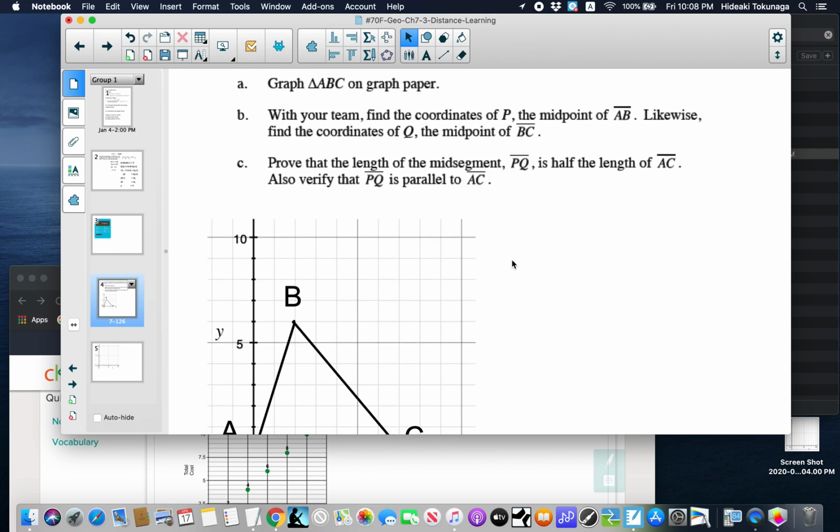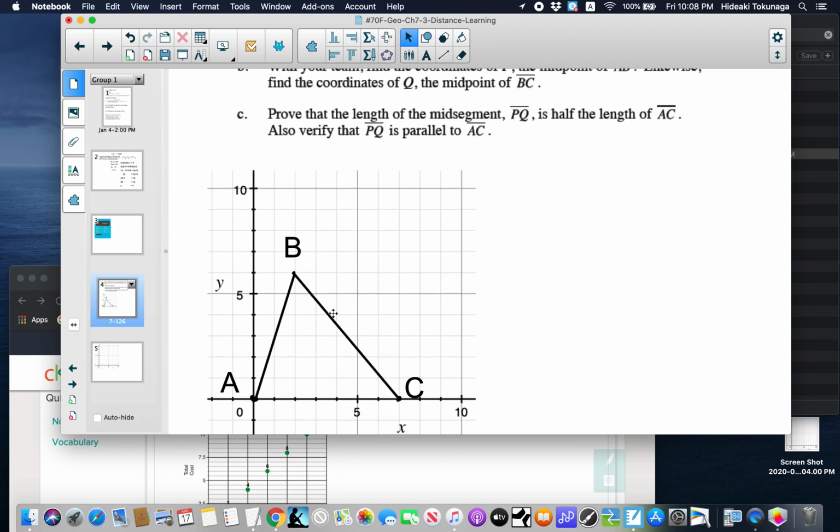I'm sorry, midpoint. With your team, find the point P. Its slope goes 1 over and 3 up, so the slope is 3 over 1, so it must be 6 over 2. The midpoint must be right here. Maybe I'll change the color.